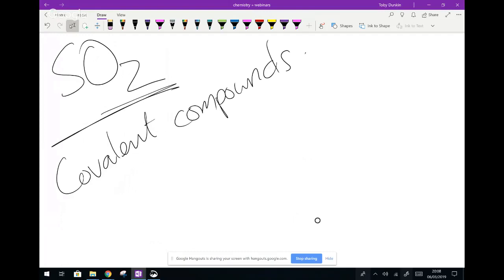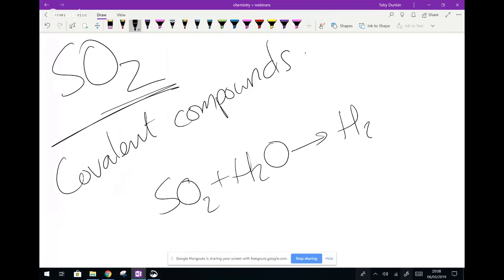So covalent compounds are the exact opposite. Rather than being basic, they're acidic. And the question is why. By the way, you never get asked for the equations. So sulfur dioxide reacts with water to form H2SO3.